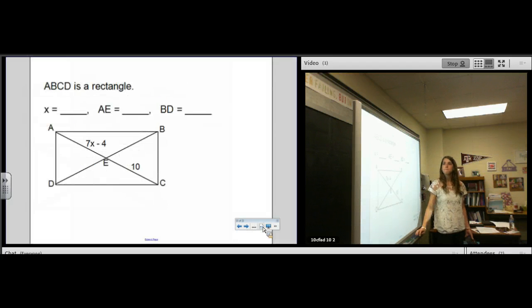Oh, I remember this. X, and then AE, and then BD. Wait, so the 7x minus 4 is 80? AE is 7X minus 4. And it's 10 for both, right?